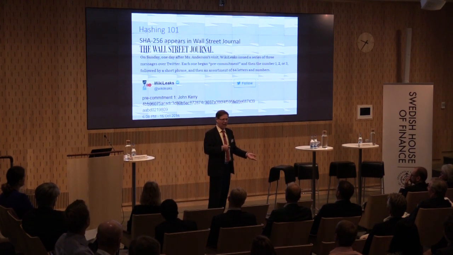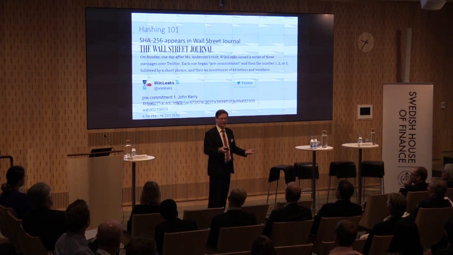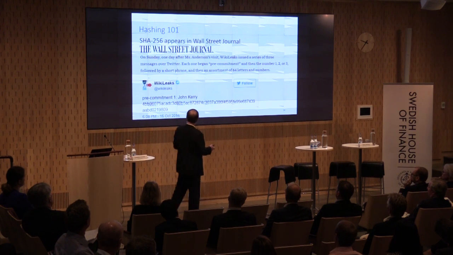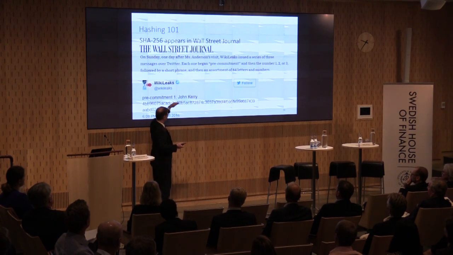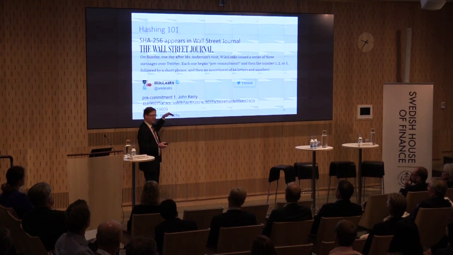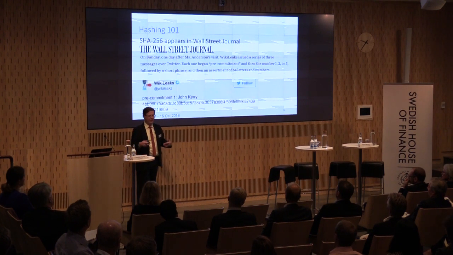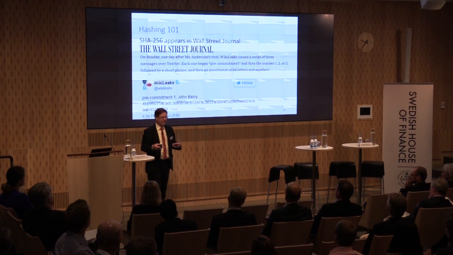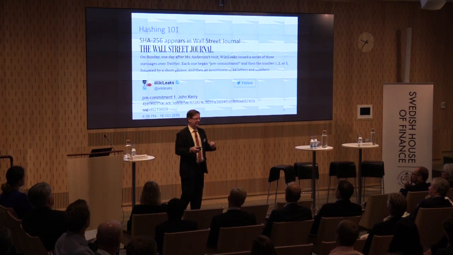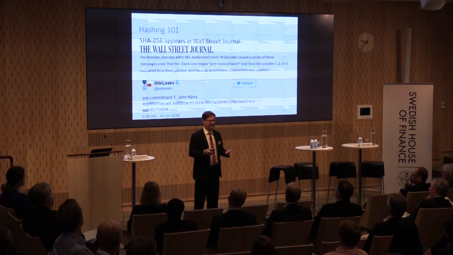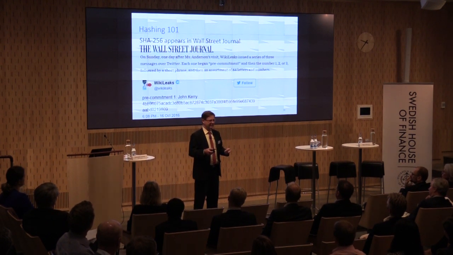But the question is, like, why? Why would you do a tweet like this? And basically it says, John Kerry, here's a SHA-256. We can't really invert it, but it's probably proof that they have a document that is very damaging to John Kerry.